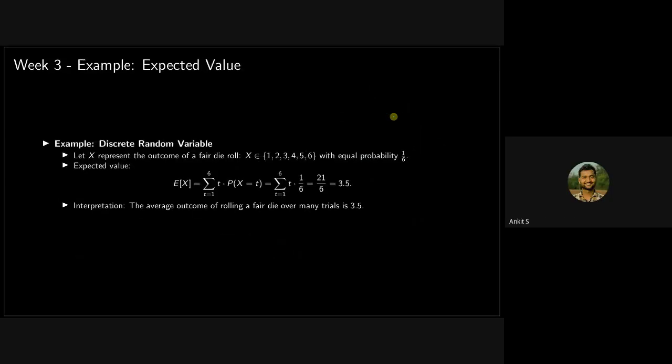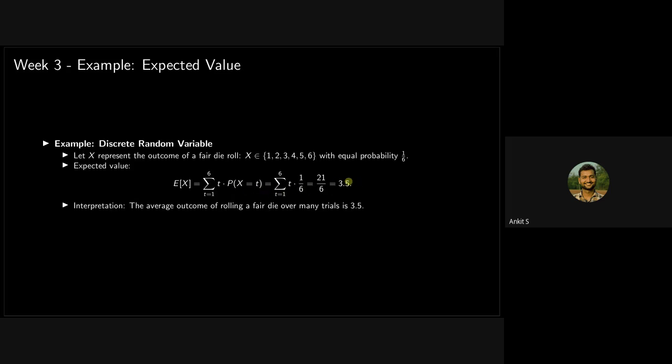Okay, so here we were discussing how to calculate the expected value of a random variable. In this case, we are calculating it for a die roll. We will add over the values that it can take, t equals 1 to 6, and for each value, we multiply it by the probability with which this value is taken. So 1 times 1 by 6.